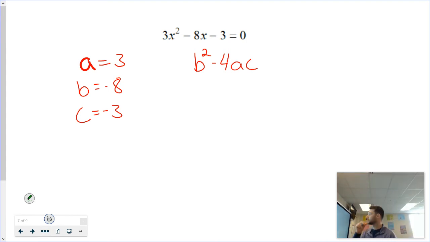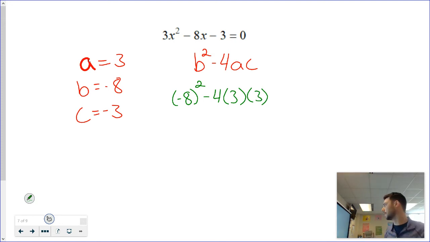I'm going to get -8 squared minus 4 times a, which is 3, times c, which is also 3. Okay, we'll grab our calculator. You can put it all in at once. -8 squared minus 4 times 3 times 3.